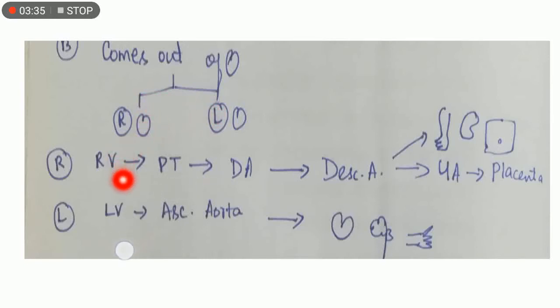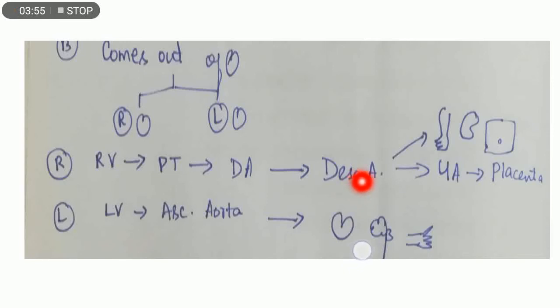From the right ventricle it goes through the pulmonary trunk, but since there are no functioning lungs, it is going to bypass into the aorta. How does it do that? It has the ductus arteriosus, which is a connection between the pulmonary trunk and the descending aorta.